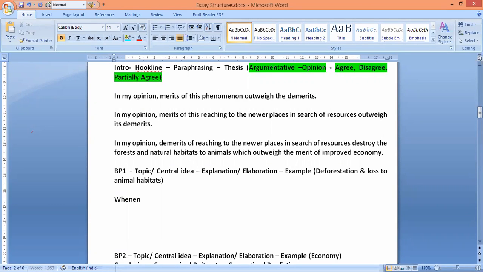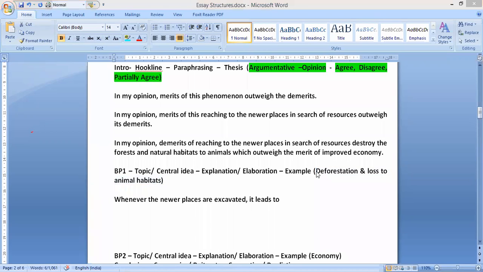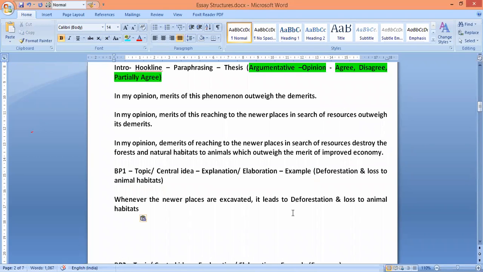Whenever natural places are excavated, it leads to this. This is my one idea. In this idea, I have 2 points.